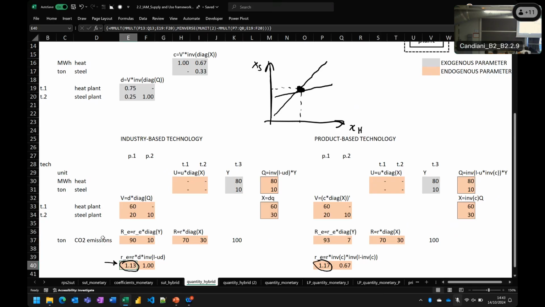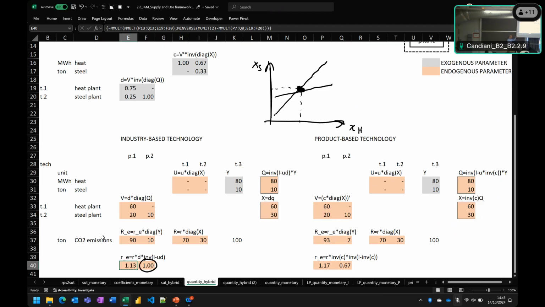Here's another thing that is interesting. We have one ton of CO2 embedded into a ton of steel. This is supposed to be kilotons of CO2 per ton of steel.